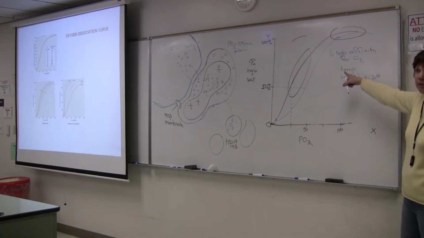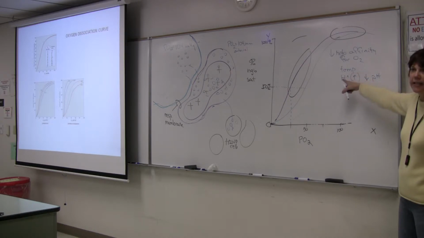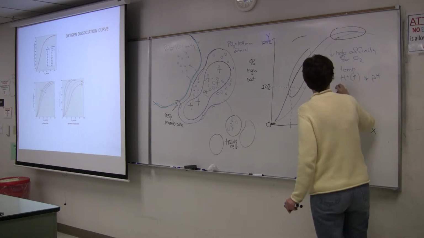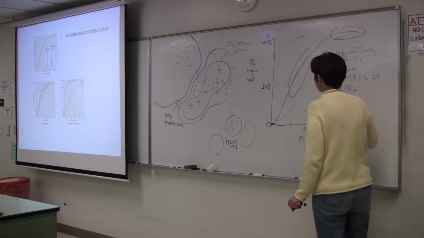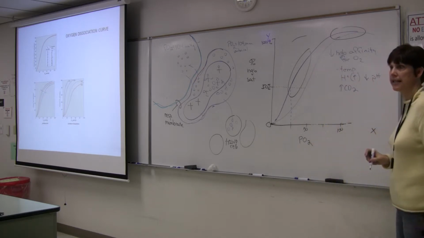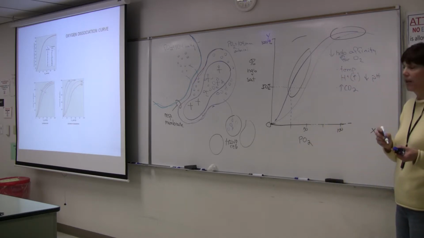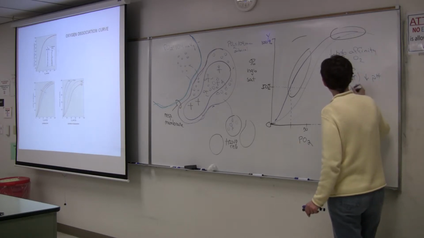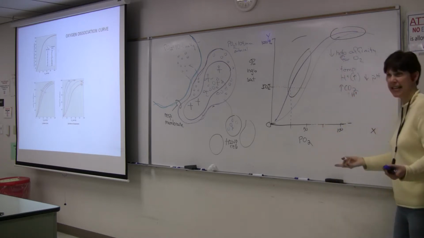Exercise increases temperature. Exercise increases hydrogen ions if we're making lactic acid, okay? Elevated levels of carbon dioxide will cause this to happen for two reasons. Increased carbon dioxide will increase the number of hydrogen ions, because it makes carbonic acid.